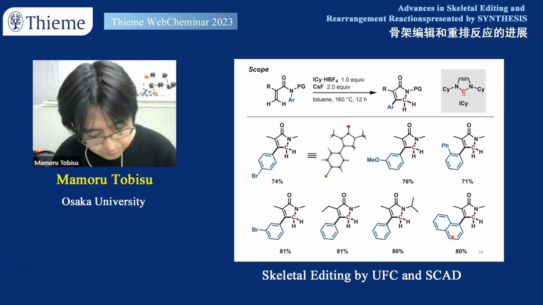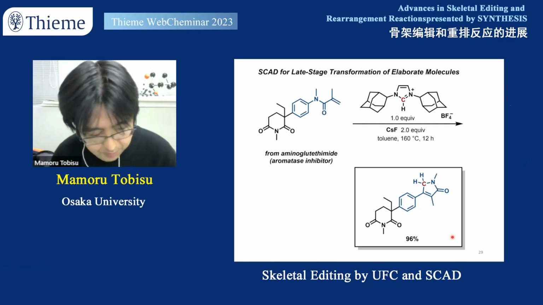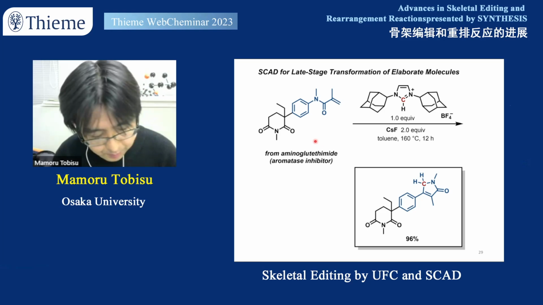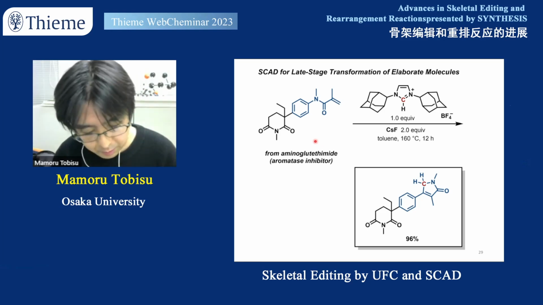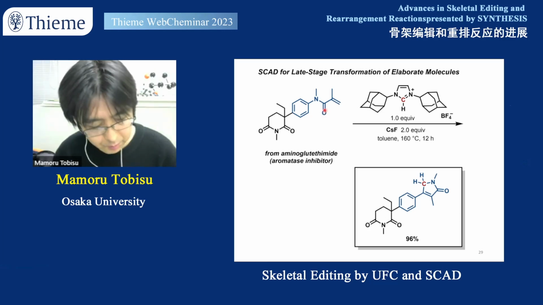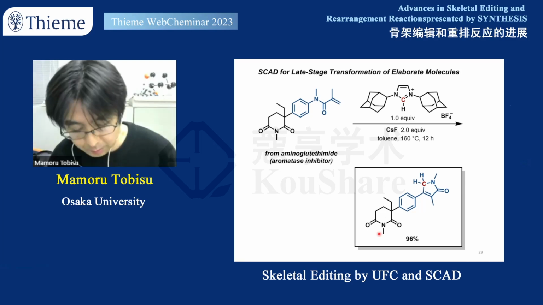And this method can also be used for the modification of biologically active compounds. For example, the aniline moiety of this compound is known as a certain enzyme inhibitor. And after introducing an acyl group here, this can be transformed into the corresponding gamma-lactam derivative without touching the imide moiety, which is potentially reactive to our nucleophile.